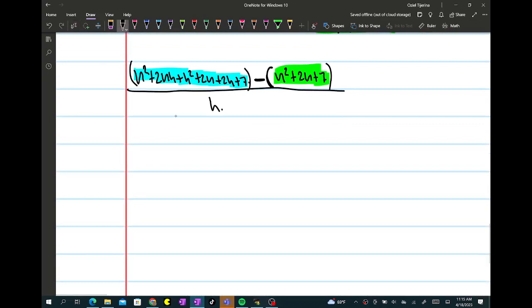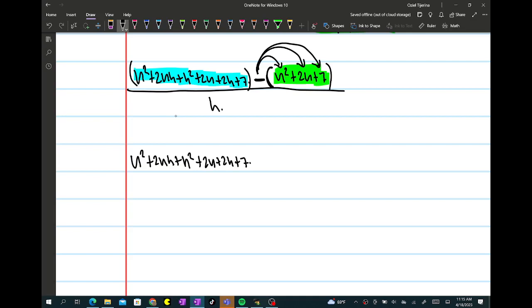Now, this looks very intimidating, right? However, we can use algebra, and I'm going to go step by step. So what I'm first going to do is go ahead and distribute this negative in. So I'm going to keep the blue part the same. So really it's going to be u squared plus 2uh plus h squared plus 2u plus 2h plus 7.